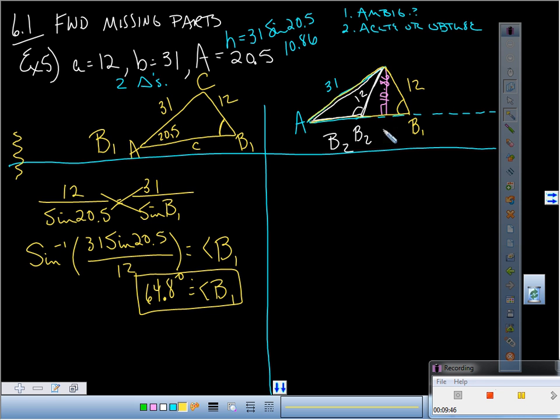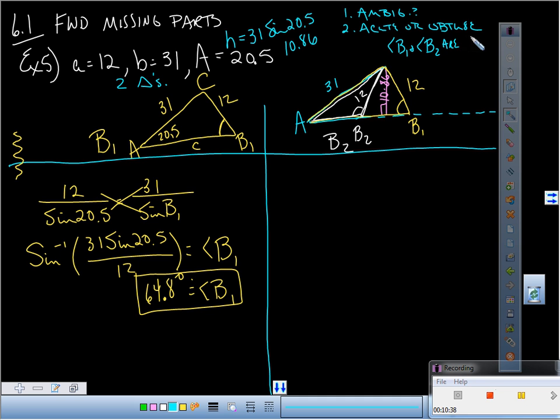Does anybody know the relationship between this white angle and this yellow angle? They have to add to be 180. So look, angle B sub 1 and angle B sub 2 are what? What do we call it?